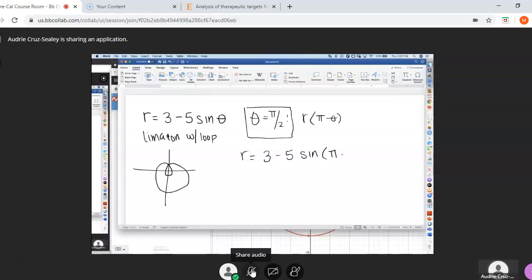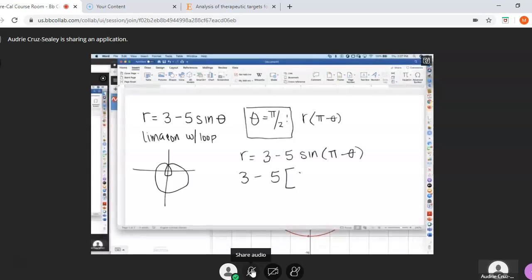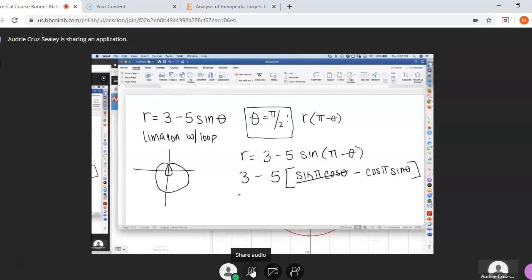And so I'm going to have 3 minus 5, open bracket, isn't the formula sine of pi cosine theta minus cosine pi sine theta? I got this from page 83 of us expanding these. Sine of pi is 0. That's gone. Do you agree with that? And so then I have 3 minus 5, inside, I have negative 1 times sine of theta.